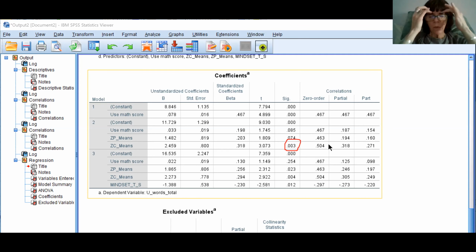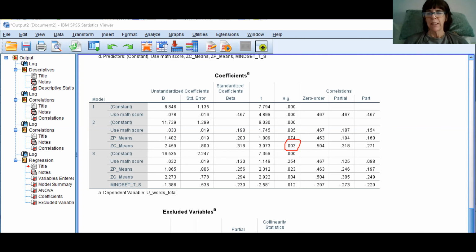We could go into a lot more of that in a future course, but one of the ways you can see that is that the strength of the relationship between procedures and general math to use of words drops when conceptual understanding is in the model.